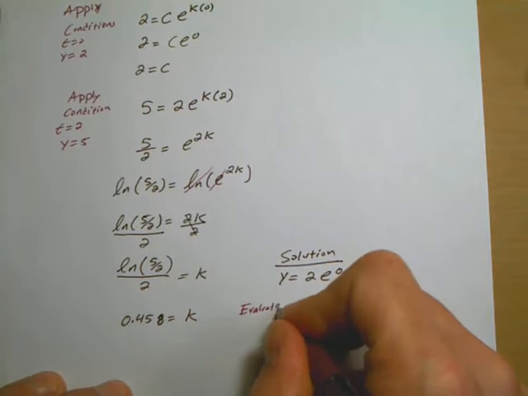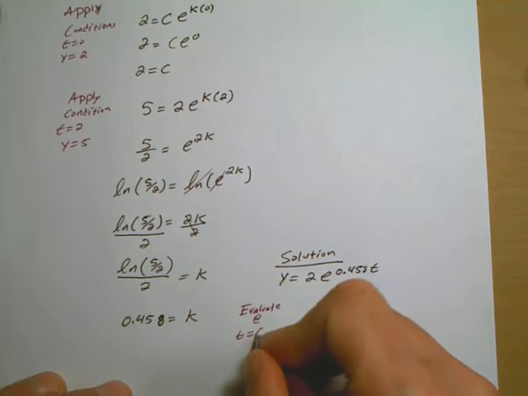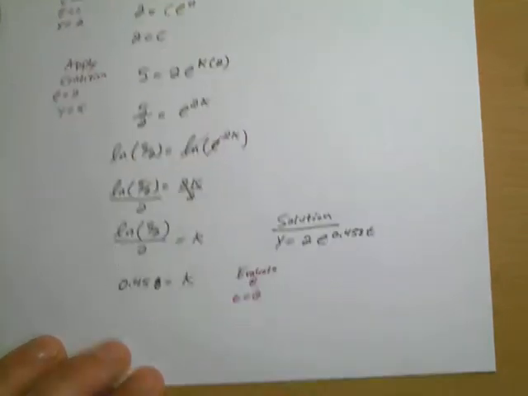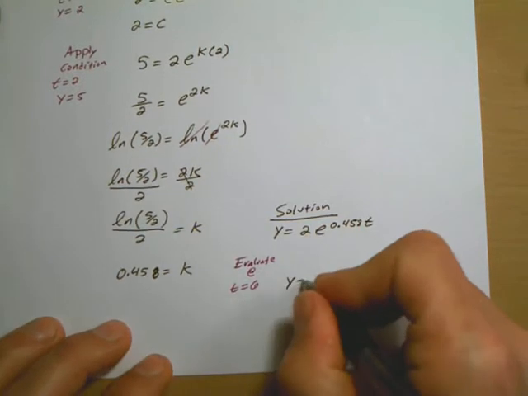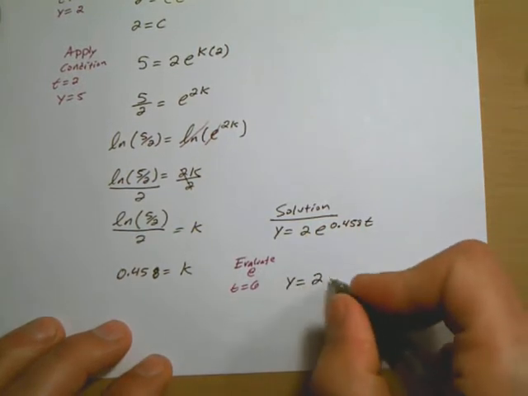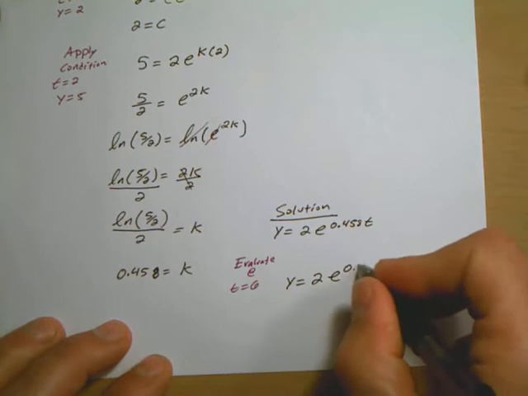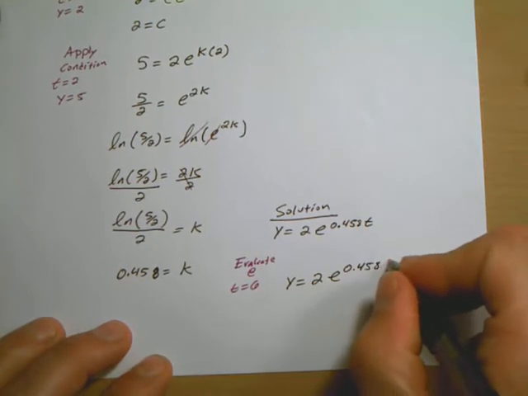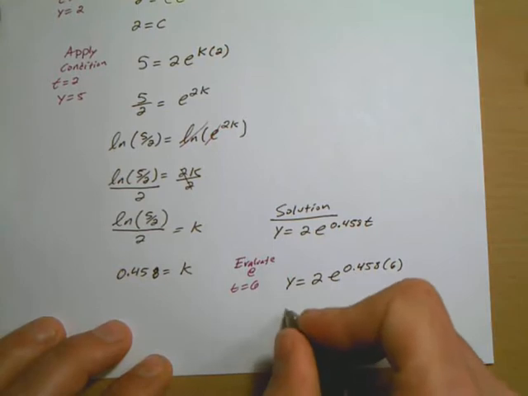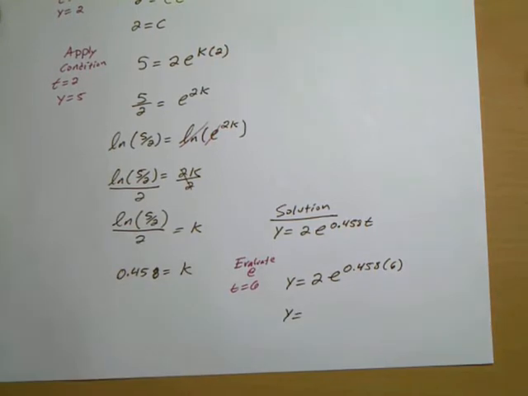Now they want you to evaluate it at t is equal to 6. So I can just say y is equal to 2 e to the 0.458 times 6, and just punch this up on your graphing calculator. So just give me a moment to do that as well.